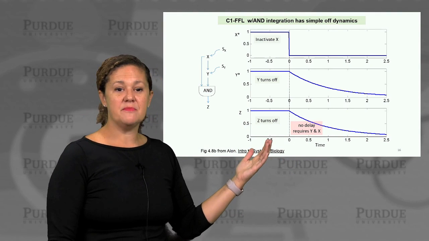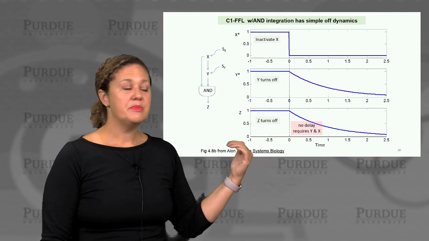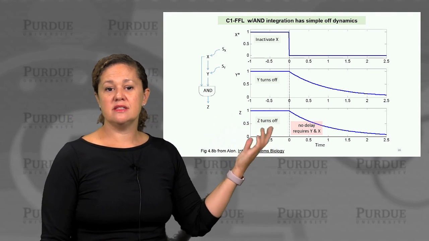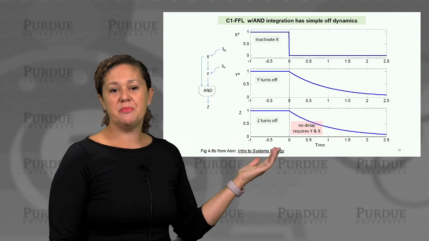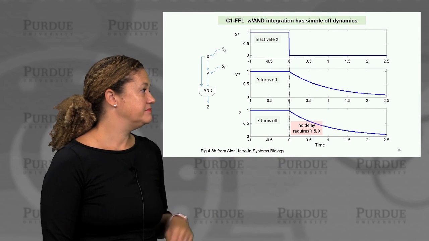So we have a system that has asymmetry in its delay. A delay in the on, but no delay in the off. Both Y and Z look like just simple activation off kinetics determined by their relative decay rates, alpha Y and alpha Z.